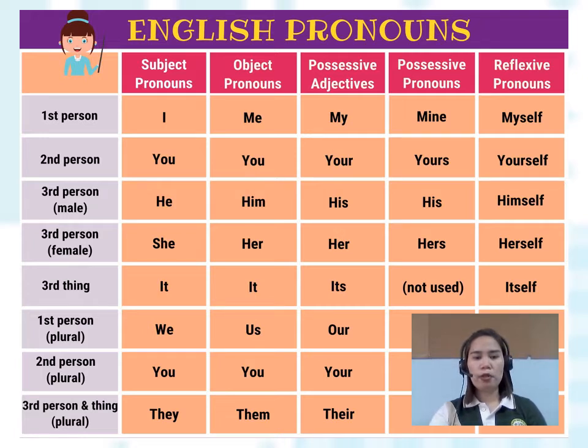For the second person plural, we have the you. It doesn't change. It is still you. Possessive adjective your, possessive pronoun yours, and reflexive yourself. And for the third person and thing plural, we are using they, them, their, theirs, and themselves. So you have to familiarize yourselves with these pronouns.